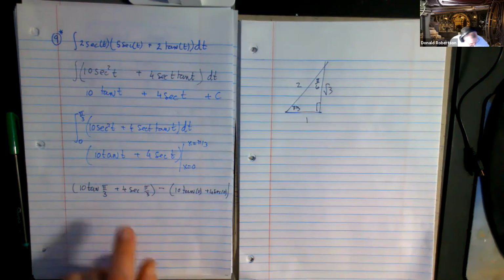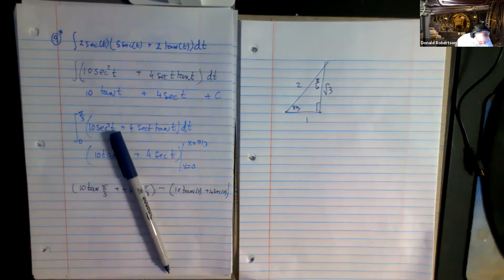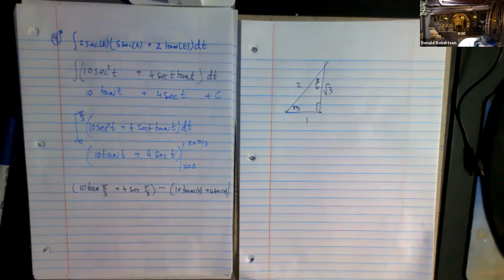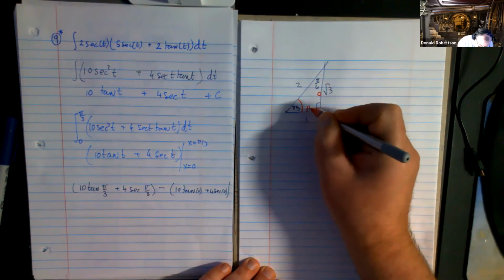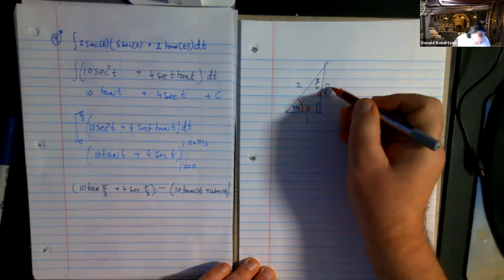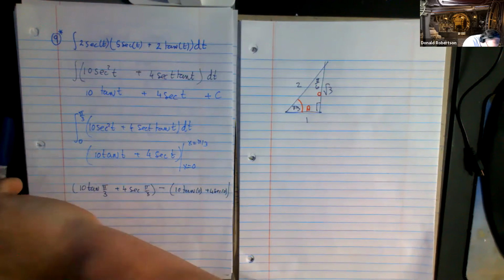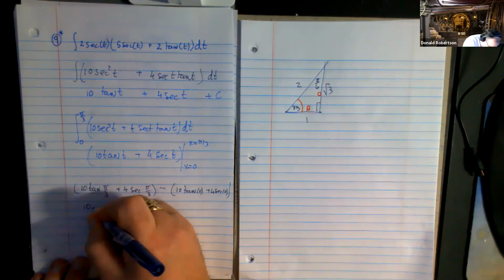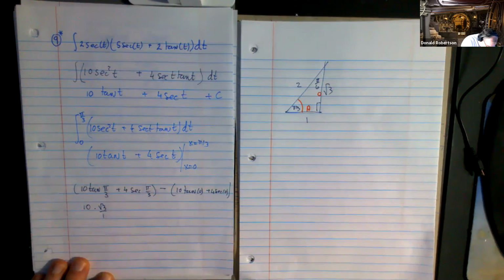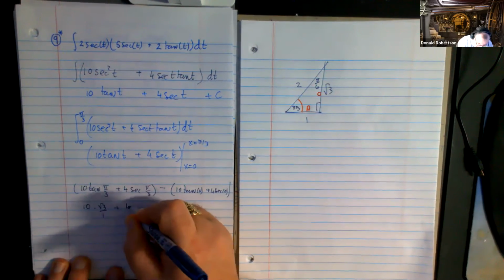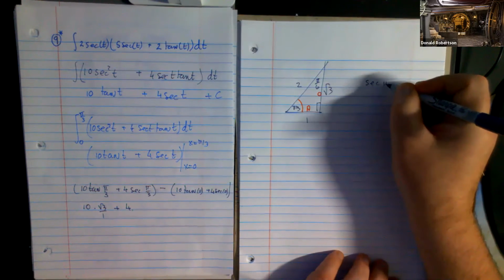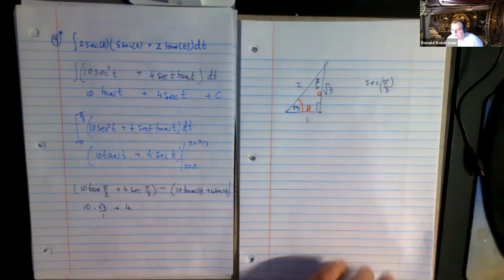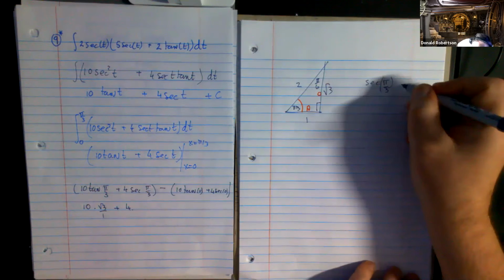that's what we've got. Now, if I want to find, for example, the tan of pi upon 3, I look at this angle and say, okay, you're the opposite and you're the adjacent, and the tangent is opposite over adjacent. So that gets me 10 times root 3 over 1. Plus 4 times. Now, if you want to find any of the reciprocal ones, secant, cosecant, and cotangent, you can still get them.